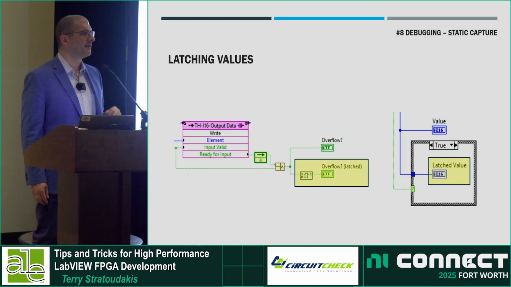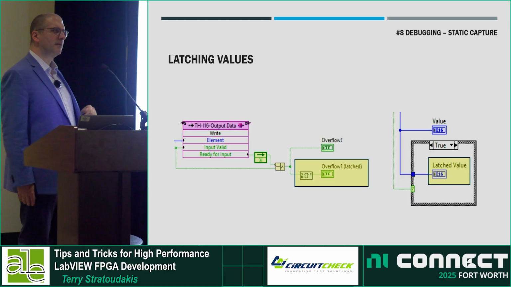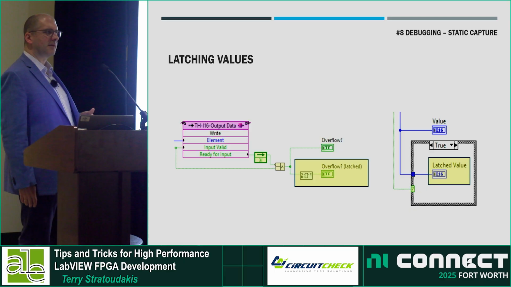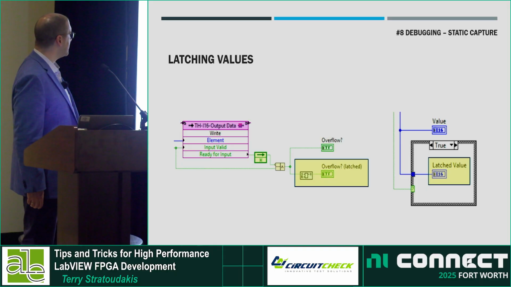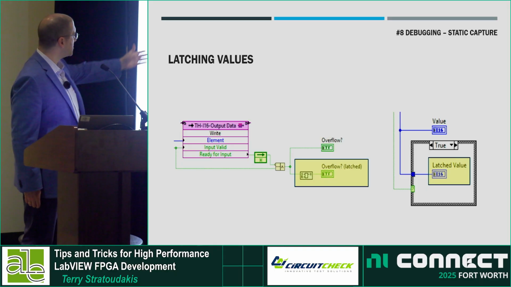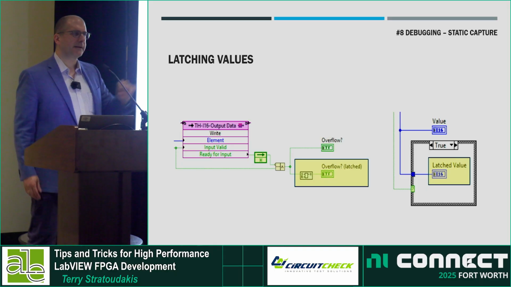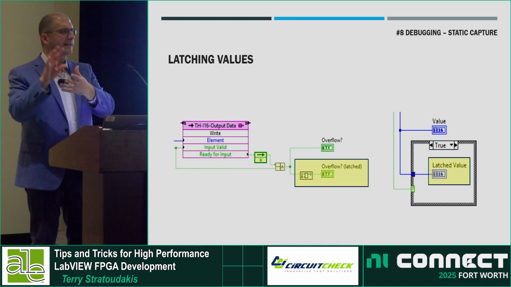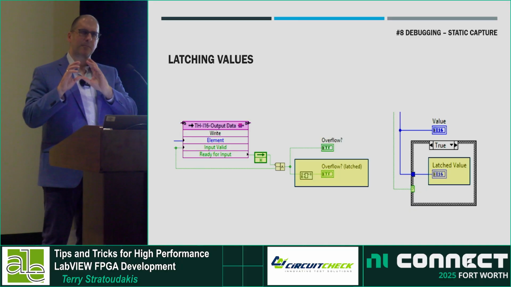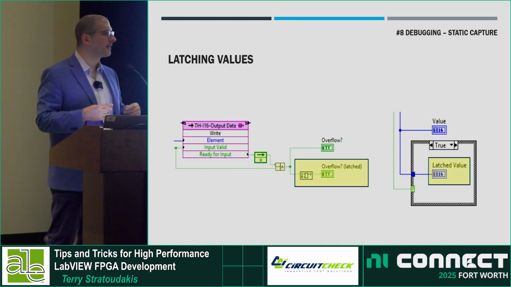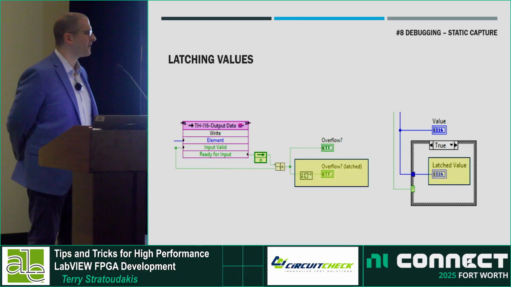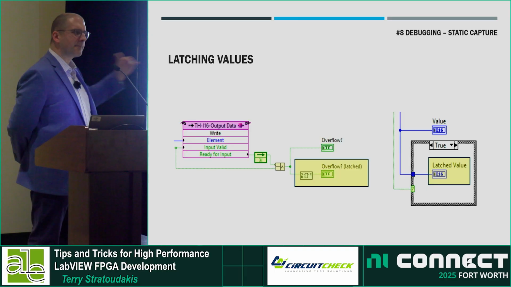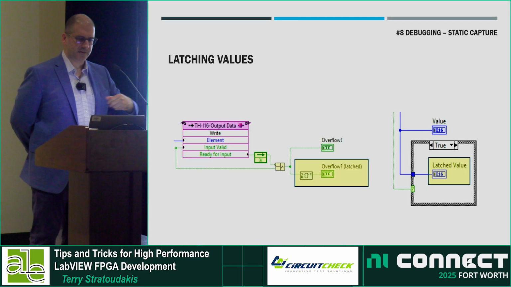I can check for that, but because I've latched it, it could happen once at 200 megahertz, and we'll still see it. We can also have it inside of a case structure, so that when that goes true, that's when it gets updated. So we can get creative in terms of how we capture these static values.